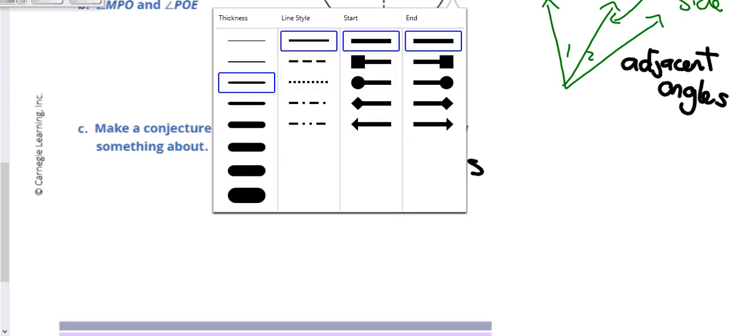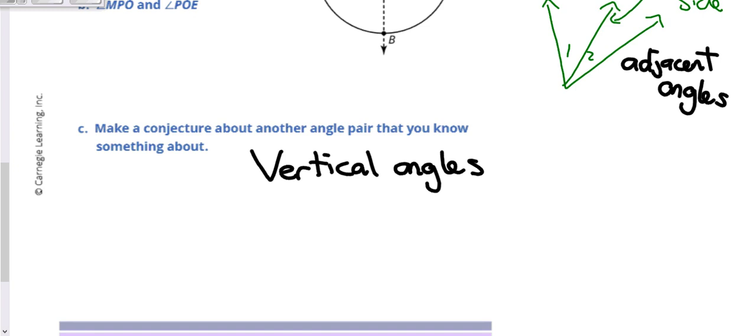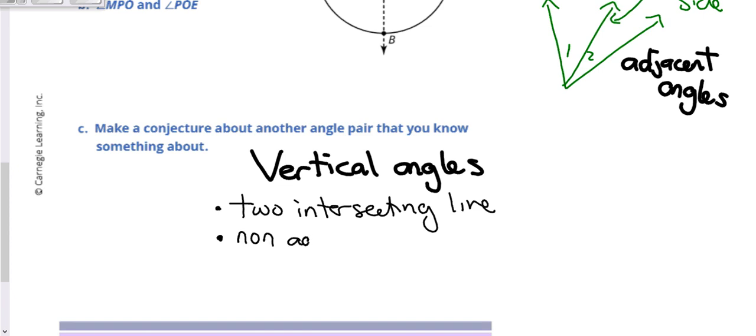Vertical angles are formed by two intersecting lines, and they are the non-adjacent angles. So vertical angles have those properties. They're formed by two intersecting lines and they're non-adjacent angles.